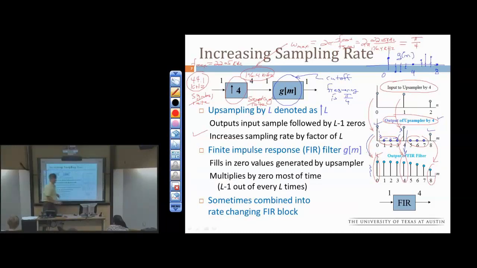And more generally, it's pi over L. Okay, so any frequencies that are above pi over L are artificial. They were introduced by the upsampling operation. They did not exist prior to upsampling. So we want to filter those out.